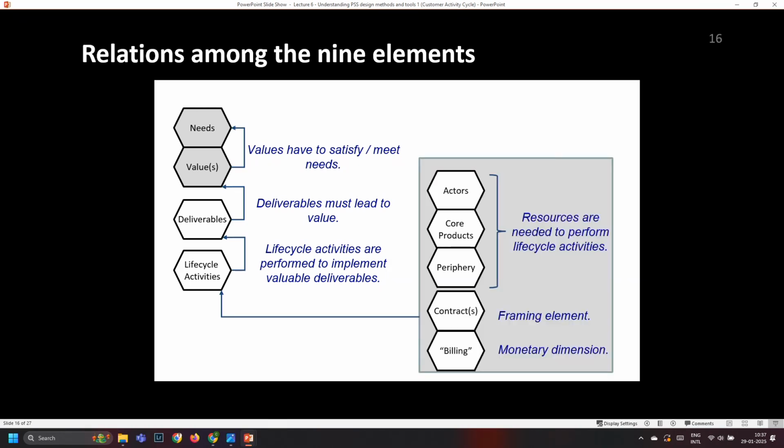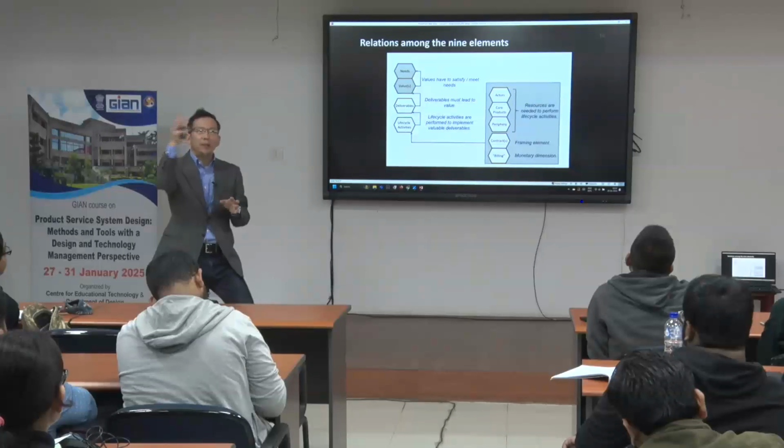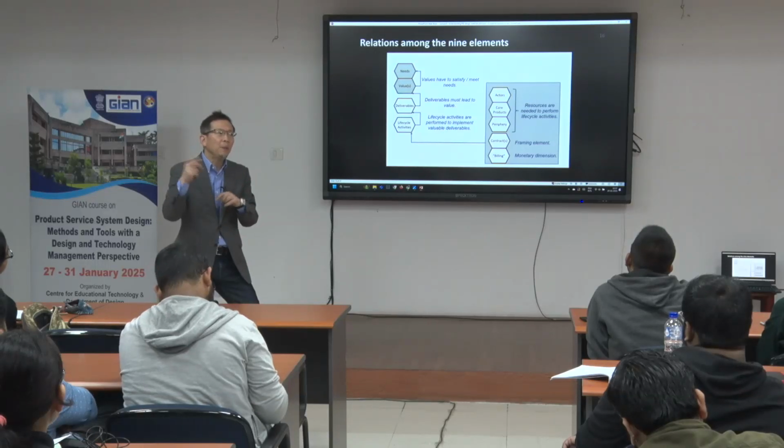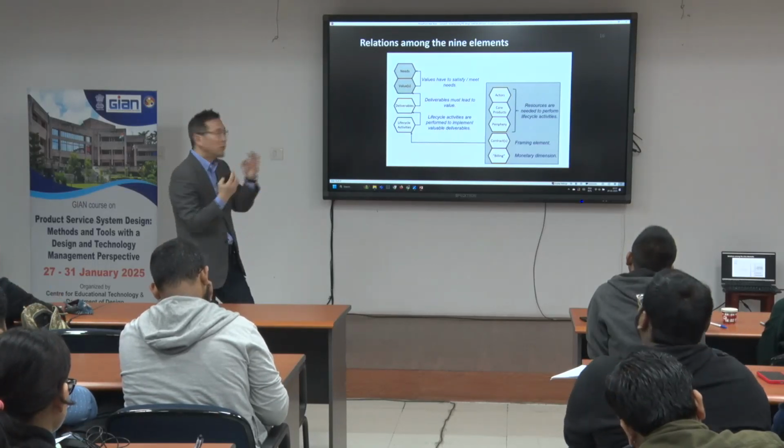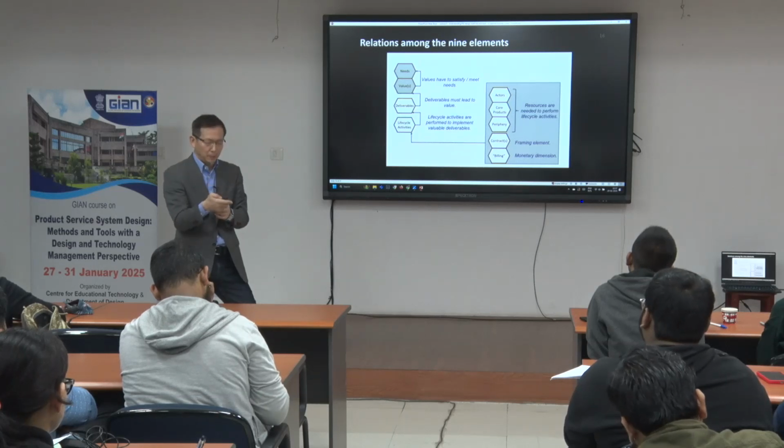And so life cycle activities are realized by these elements. So meaning that the 9 layers are not independent of each other, but they are related and quite supportive to each other.